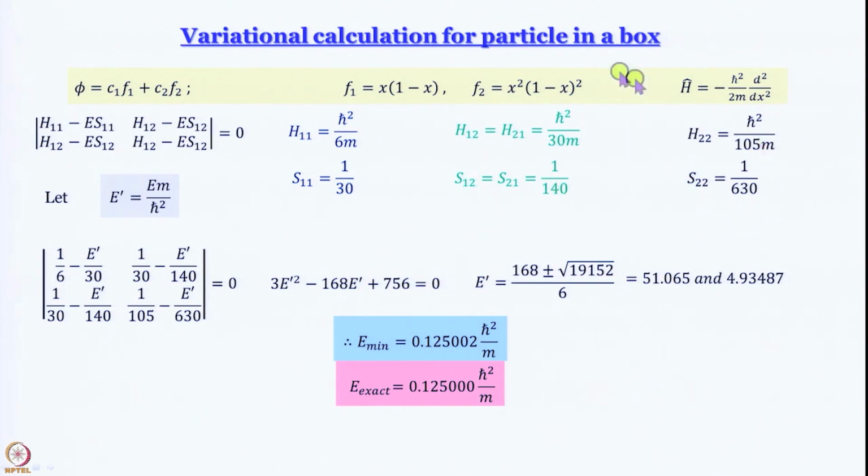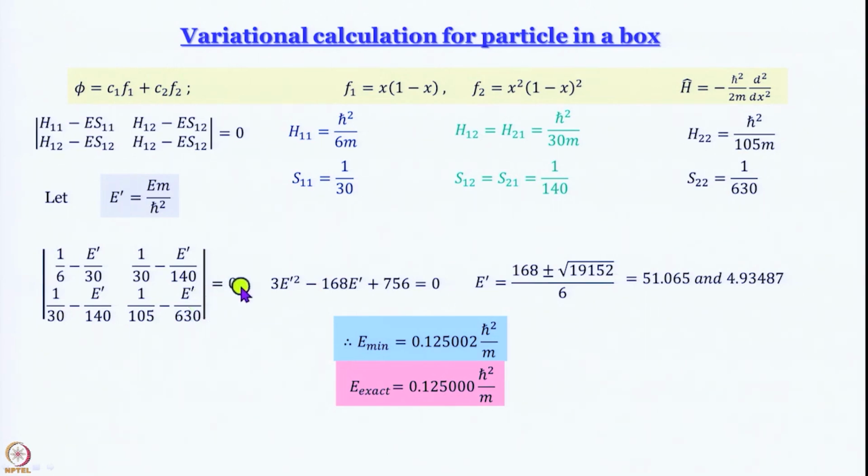Knowing these expressions and substituting E dash for Em by h cross square, this secular determinant simplified into this form: 1 by 6 minus E dash by 30, 1 by 30 minus E dash by 140, 1 by 30 minus E dash by 140, 1 by 105 minus E dash by 630. That determinant is equal to 0.